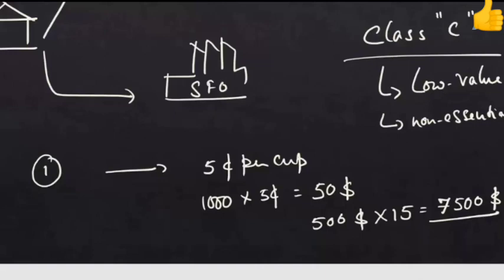Instead of that, what you can do is, you could say, hey vendor ABC, supplier of baking goods, here is my order for 20,000. All right? And these are all class C items, low value items.